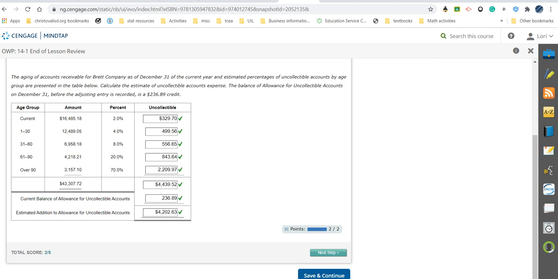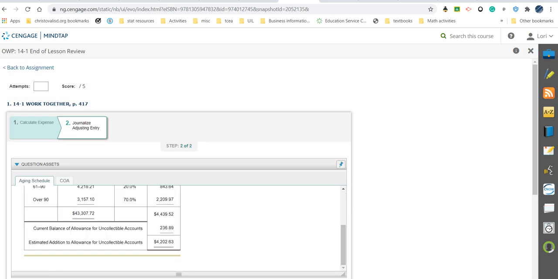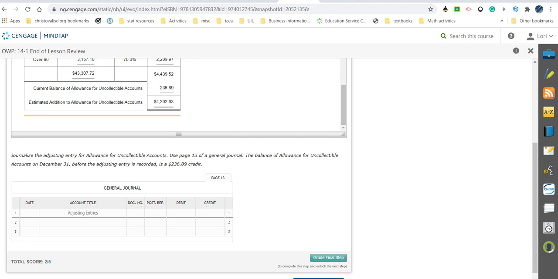Now we're going to journalize our information. We have the information up there, and we're going to put that in our journal.